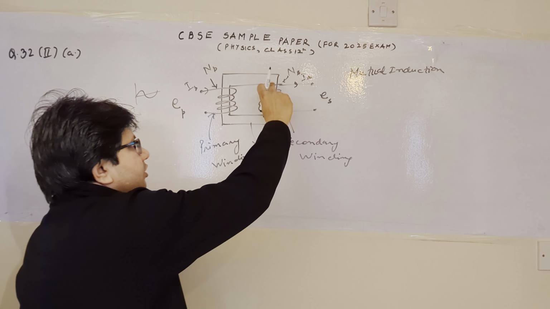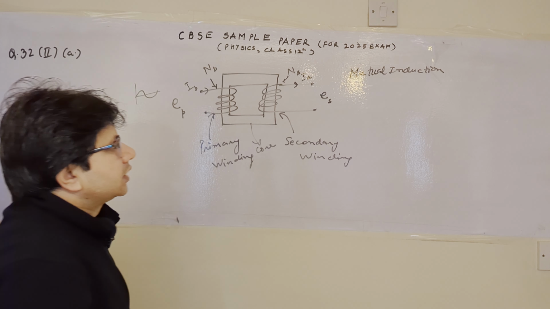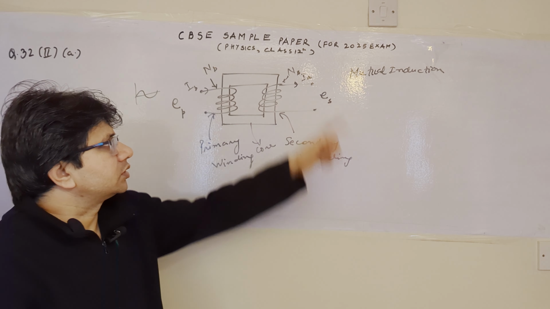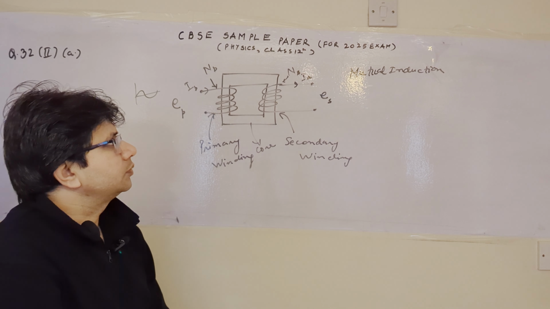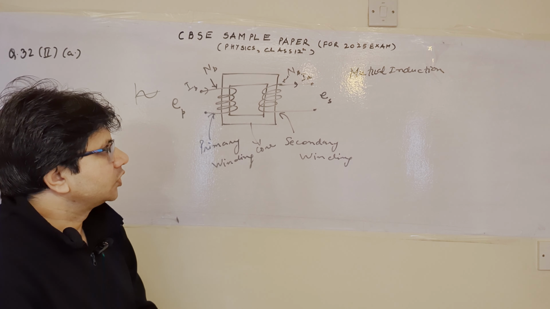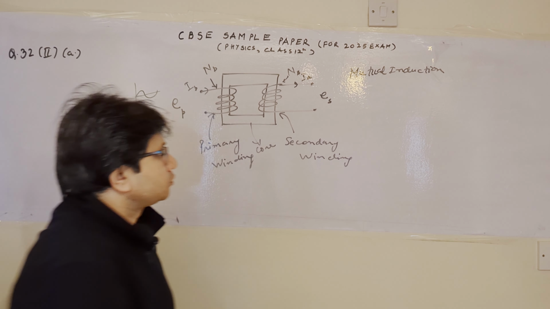And when there is a change in flux in the secondary side, then according to Faraday's law of electromagnetic induction, there is a generation of the EMF in the secondary side. So this is the basic principle of the transformer which we have to explain.